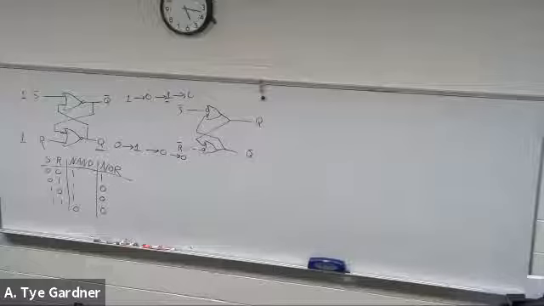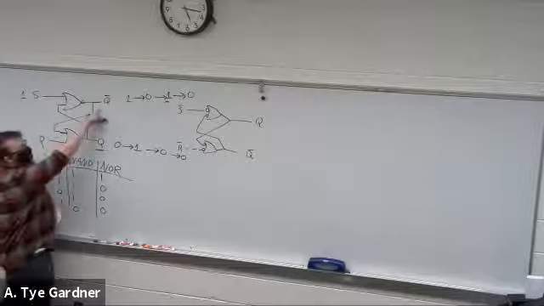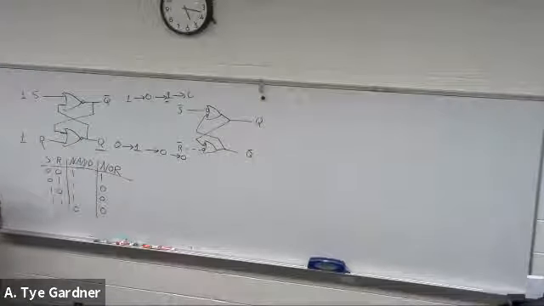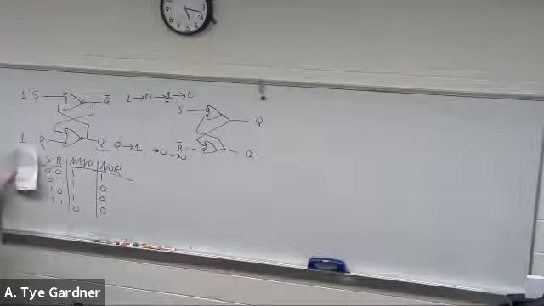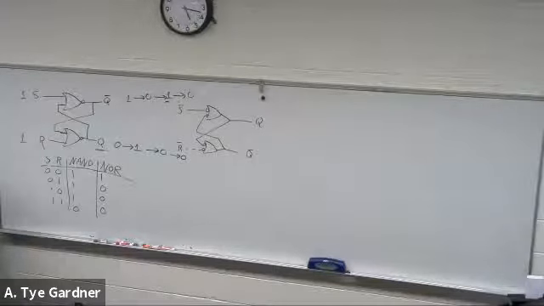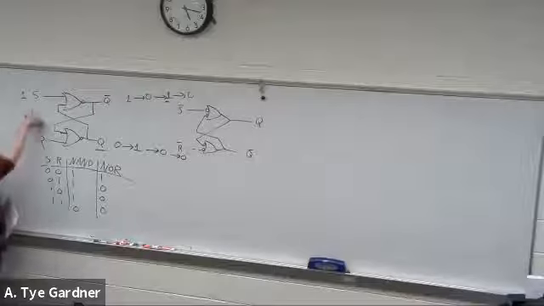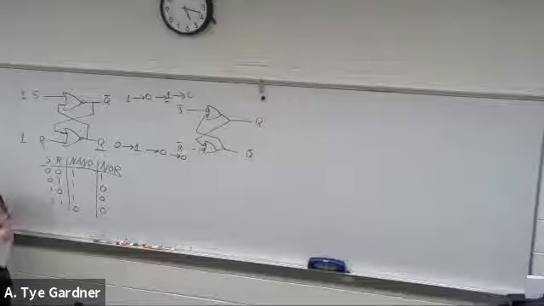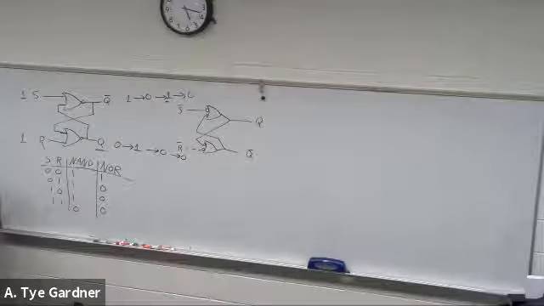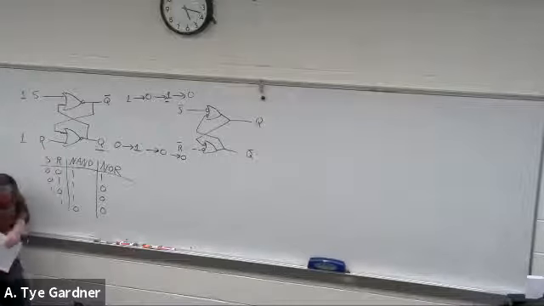Well, it turns out that this isn't awful because this Q and that Q bar are not actually physically tied together. So there's no short circuiting going on. I'm not blowing anything up. It's acceptable. The question is, if I dropped set and reset at exactly the same time, what is that value? Because if this set was delayed by 1 microsecond and it was a little slow, then Q would be a 1. And vice versa, if the R was a little slow, it would definitely be a 0.